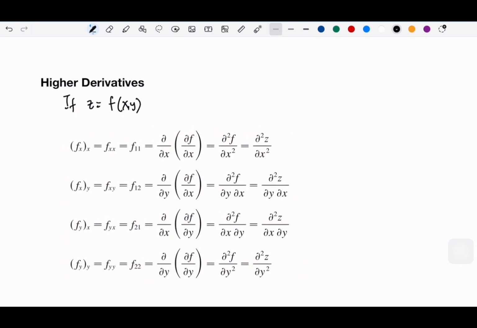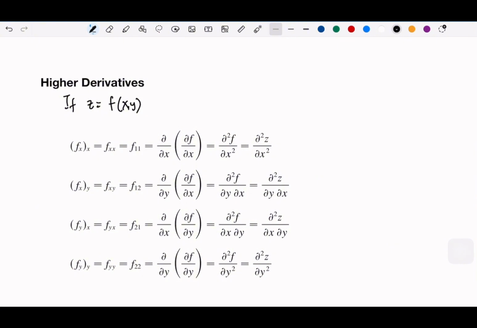This is supposed to be the second derivative in partials. We can write fxx, which means we partially derive with x and then derive once more with x. So twice x. We can have fxy, which means the first one is x and then the second one is y.